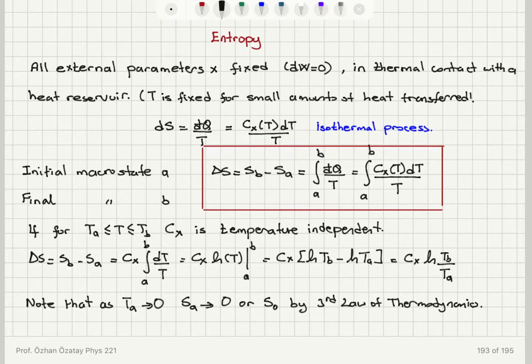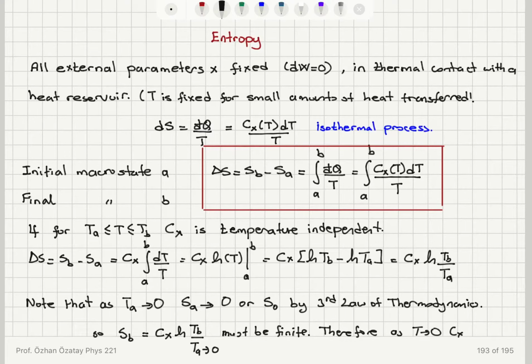So if you look at the entropy change, SB, when SA is equal to 0, will become Cx natural logarithm TB over TA, where TA is going to 0. But since the entropy must be a finite value, we must have, in order to solve this problem, as temperature goes to 0, the heat capacity must go to 0 as well.